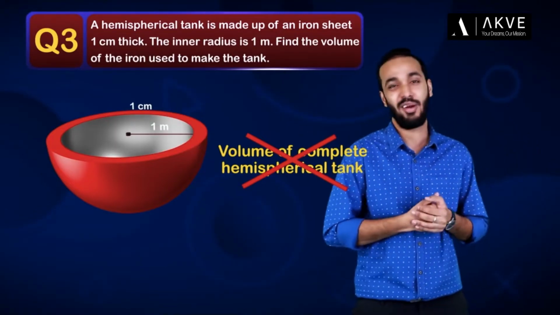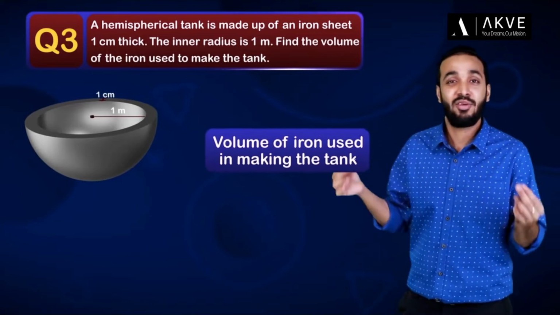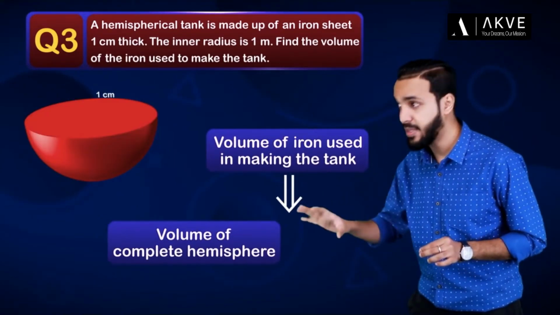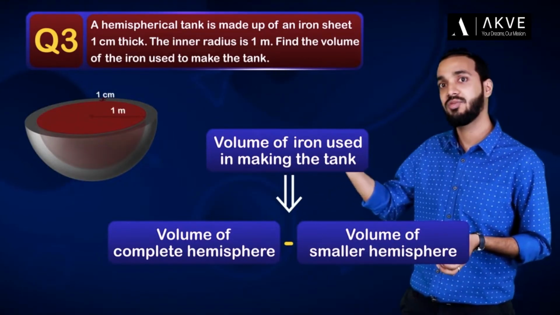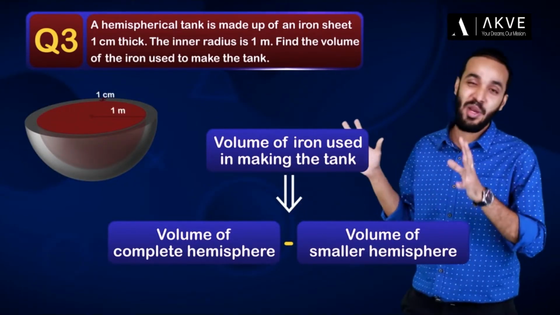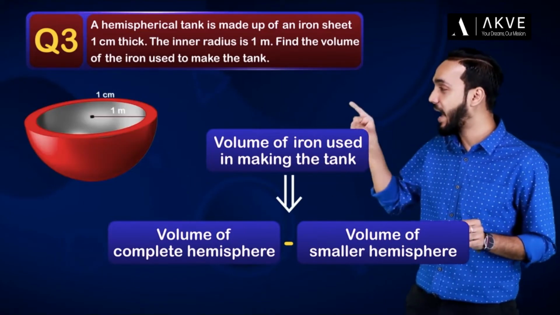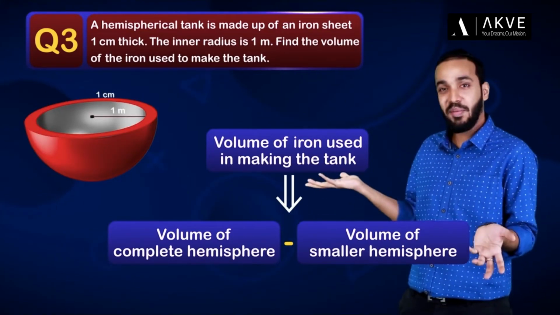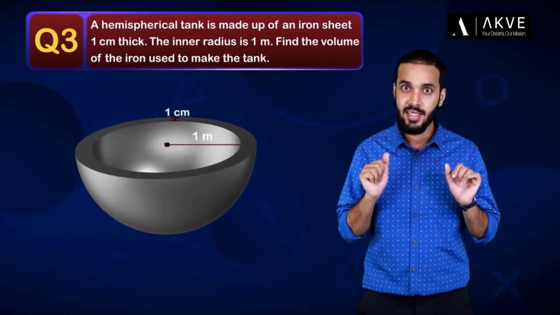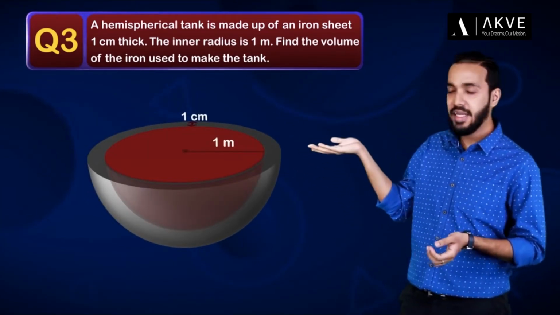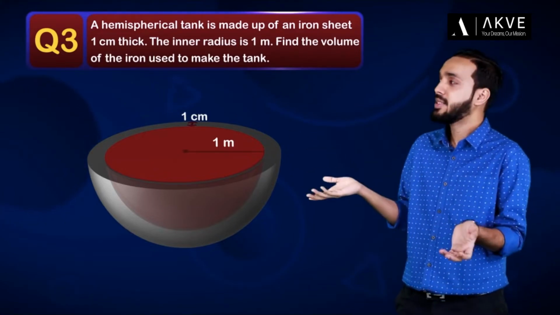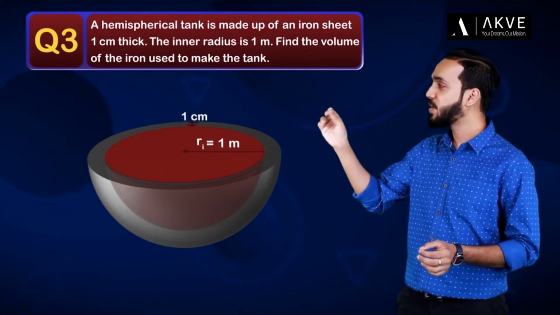We can do that. We have done it before. Here, we just have to find the volume of the complete hemisphere. Then, subtract the volume of the smaller hemisphere from it, and voila, we would get the volume of the iron used. Makes sense, right? Let's give it a shot. So, as per the question, the inner radius or the radius of the inner hemisphere, say Ri, is 1 meter.